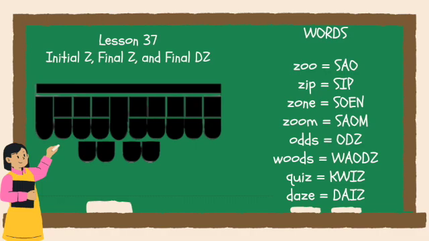For example, we have the word woods. So wood is singular, and then woods is plural. So in order to make it plural, we just add final Z to make it woods. And then we have applying final Z, quiz, and days.